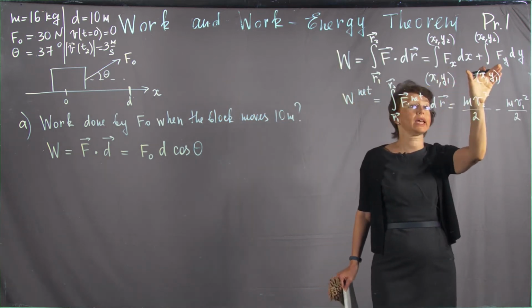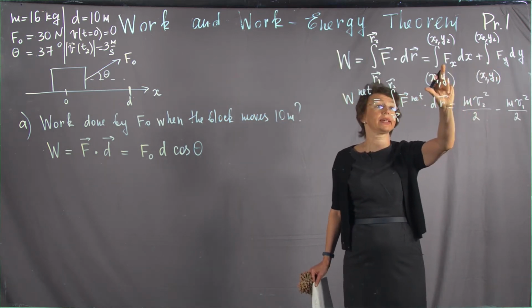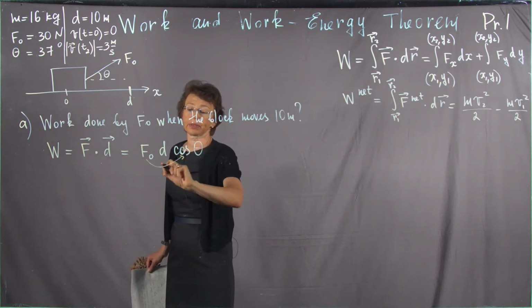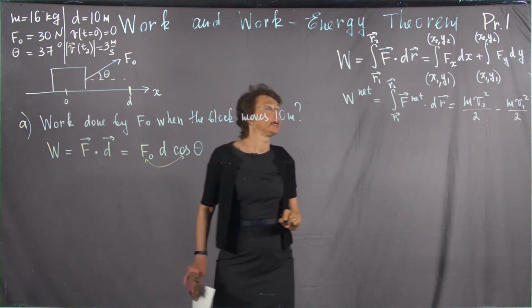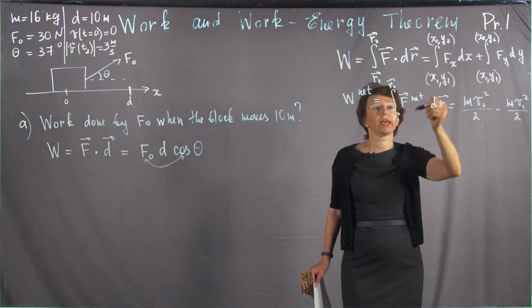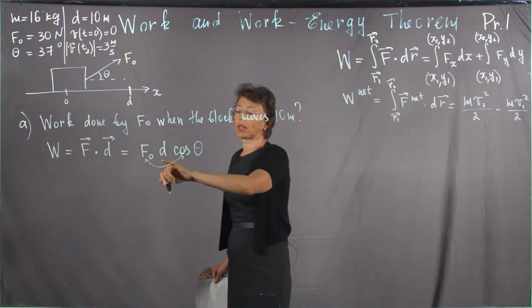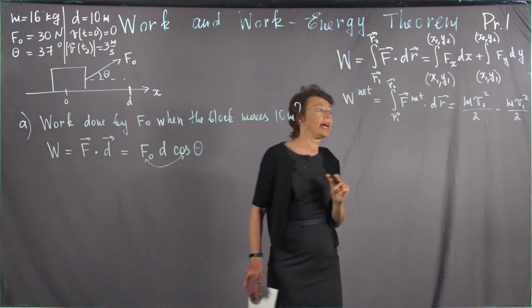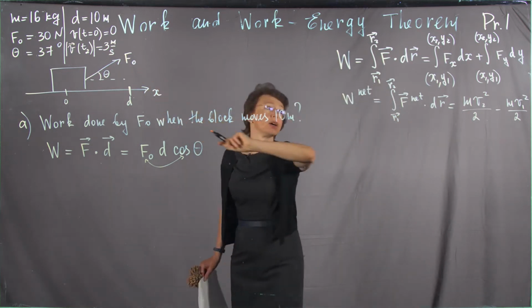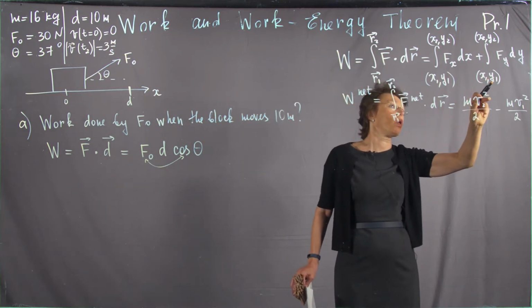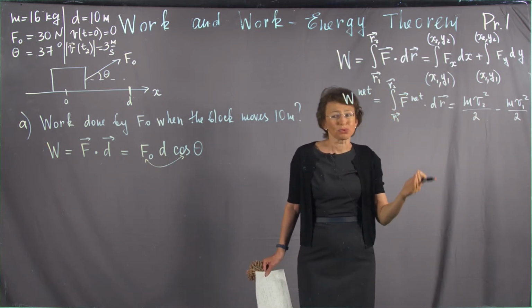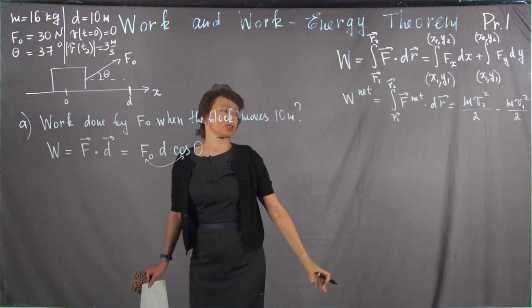So I look here and I immediately understand that Fx is F naught cosine theta. Integral dx will give me just x2 minus x1, which is d. Fy is F naught sine theta, but the limits here from y1 to y2 are both 0, so displacement is 0 in y direction.